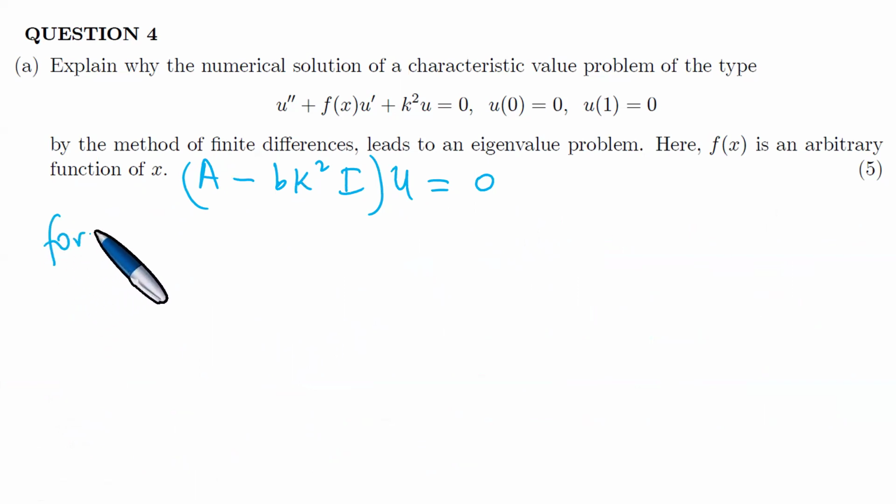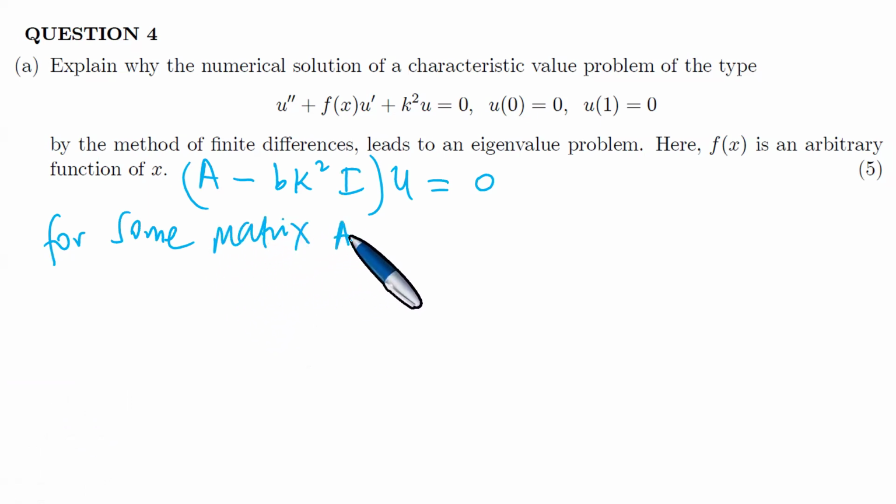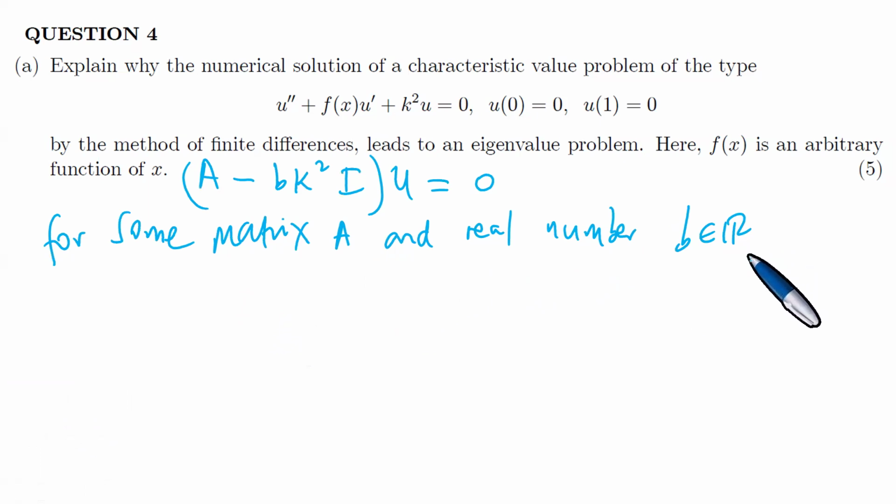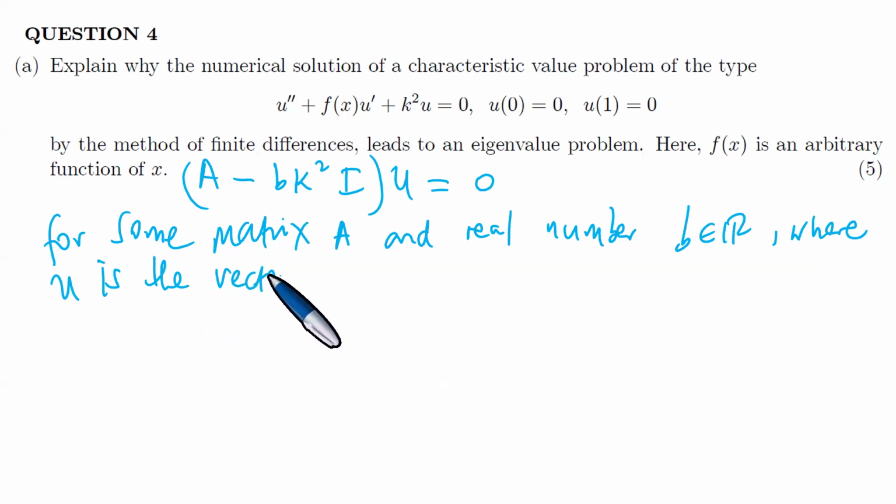This is given for some matrix A and a real number B, element of R, where u is the vector of the u_i values. The kinds of questions are examinable questions we're discussing, but we shall always indicate exactly where they came from.